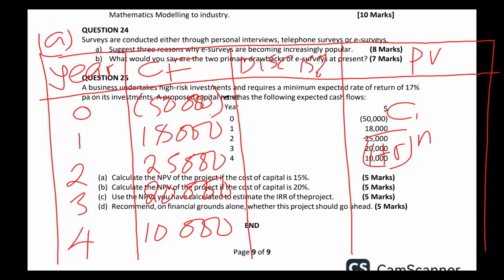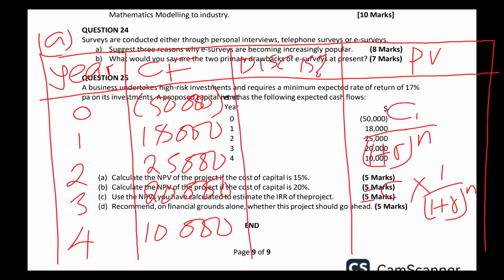That's what I said. Cash flow. So you know that from your knowledge of mathematics, this is same as cash flow times 1 over 1 plus R, right? To the power n. Do you agree that this is equal to that one?